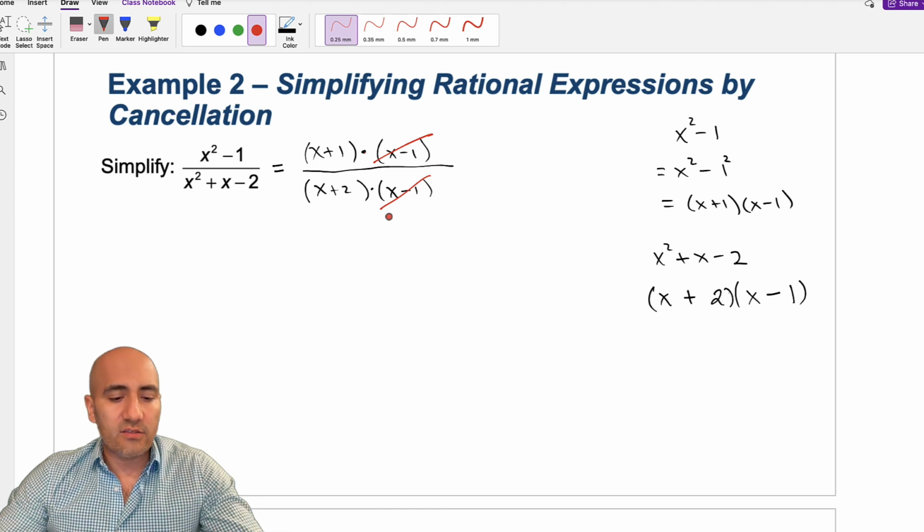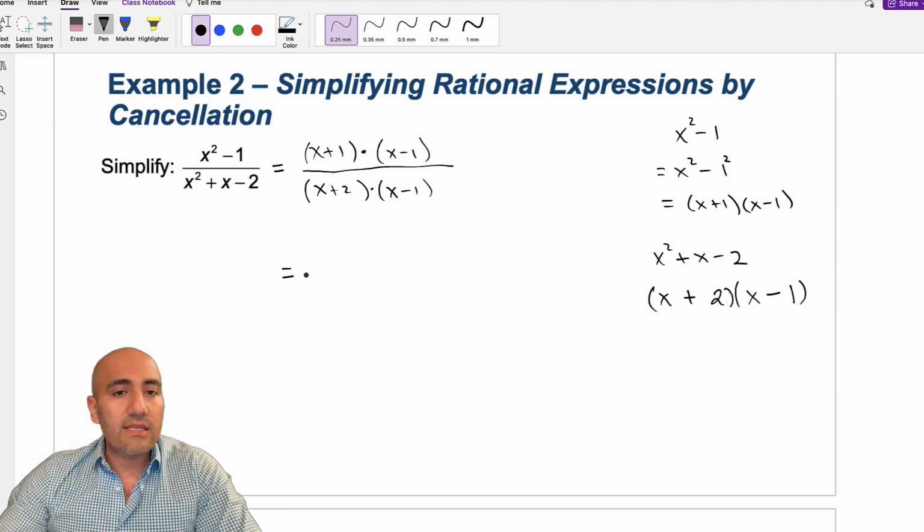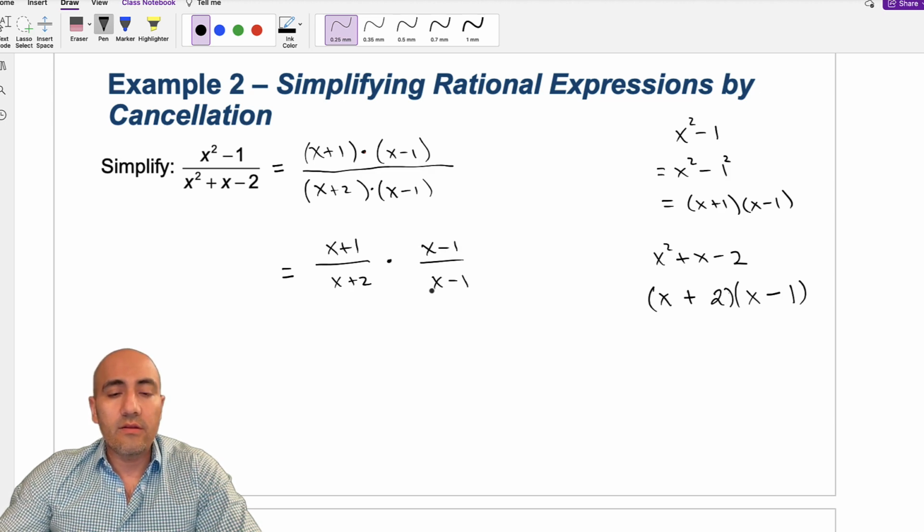In practice, we just cancel them. But just this one time, I want to make sure it's clear why we're allowed to cancel them. So I'm going to take a couple of other steps and rewrite it this way. Remember that when we have multiplication, we do not need a common denominator to combine or separate fractions. So I'm going to rewrite this as 2 separate fractions, x plus 1 divided by x plus 2 times, and then I'll put the x minus 1 over the x minus 1 over here, right?